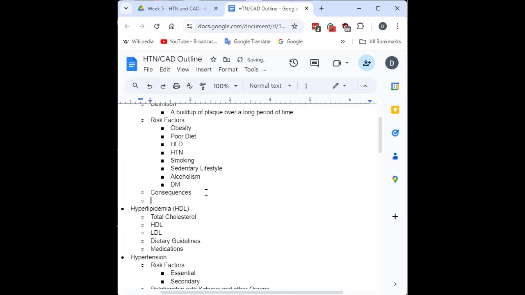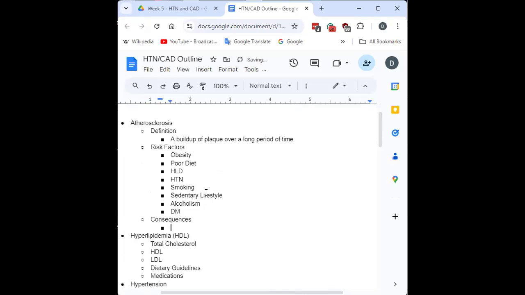Okay, so what are some consequences for atherosclerosis? What are the things that can be caused by having the condition? And again, you guys will find that a lot of these things kind of go together. CAD. So what other two things does that kind of go with?